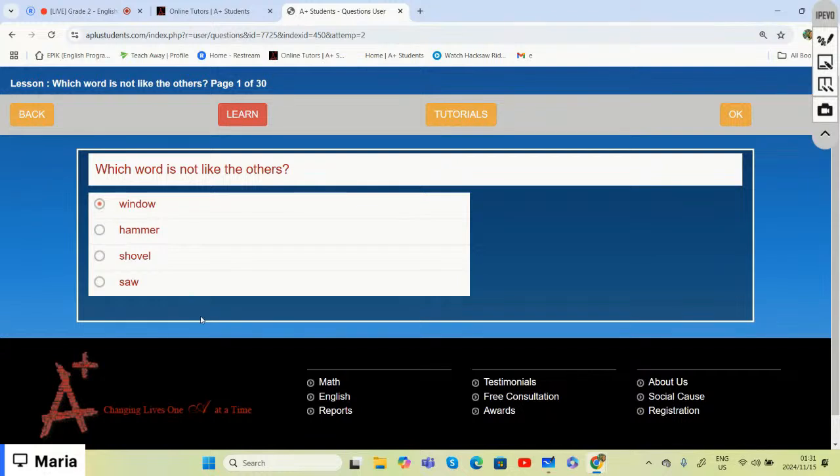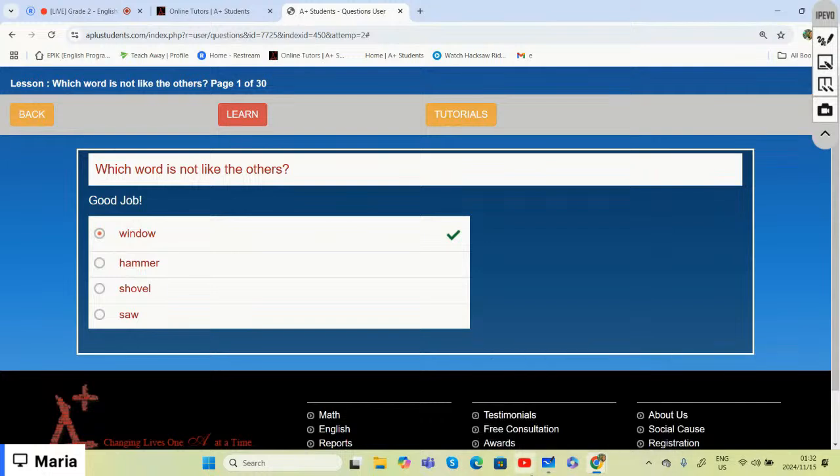Because remember, a hammer, a shovel, and a saw are similar or related to one another, since those are things that you need in order to either fix or clean around the house. But a window is something different.